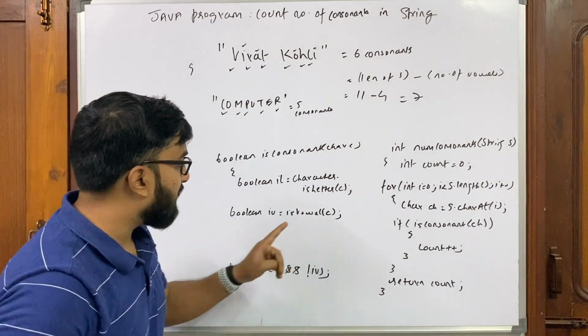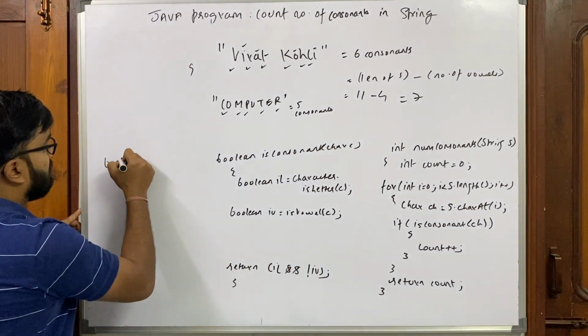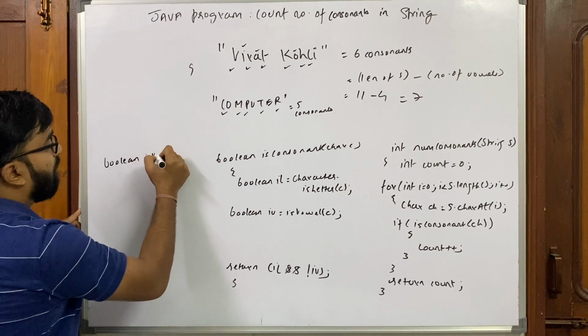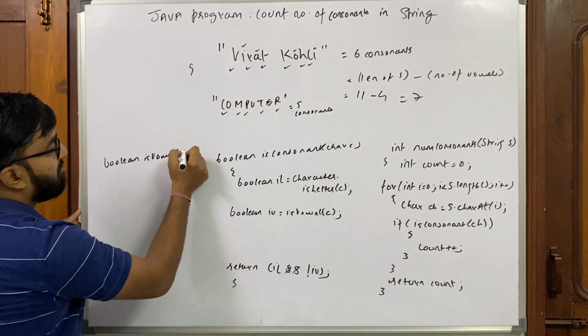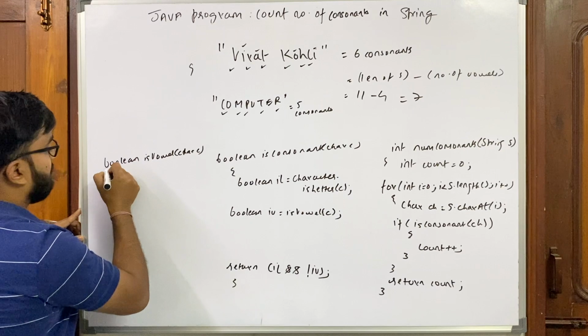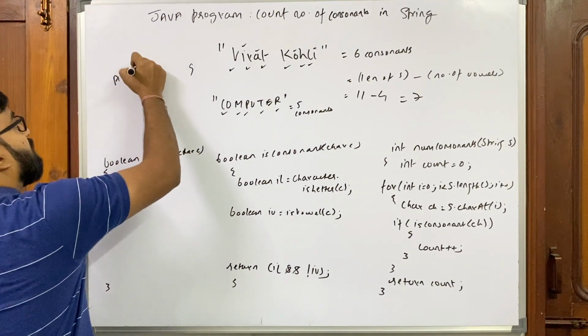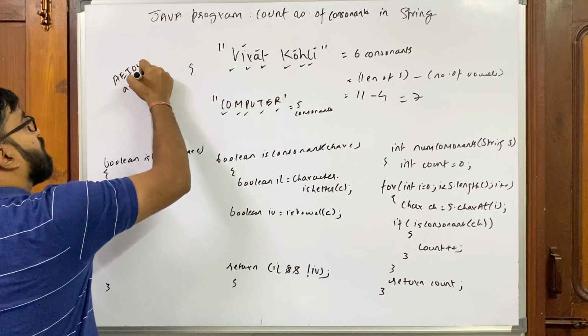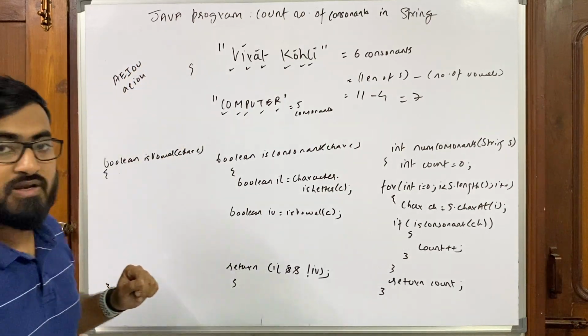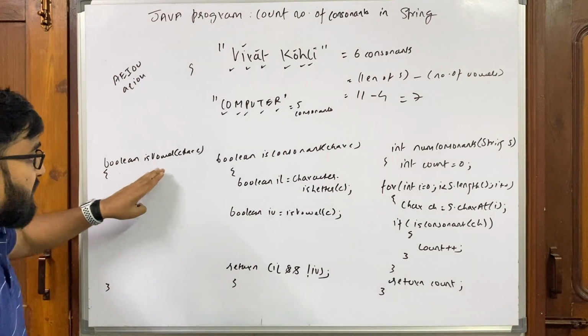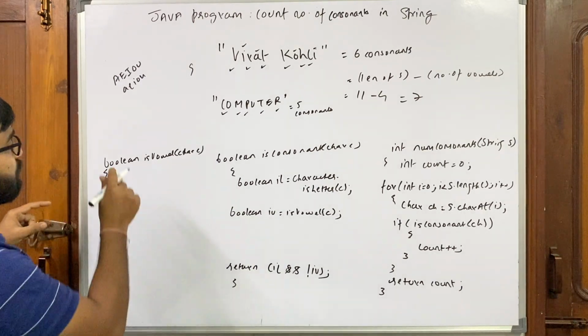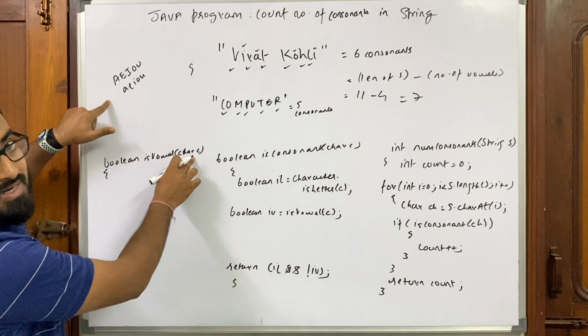So my next job is to write this boolean isVowel method that takes a char C. The vowels we know are a, e, i, o, u, A, E, I, O, U, upper and lower case. The most basic way to do this is to compare C against all these possible 10 single characters.